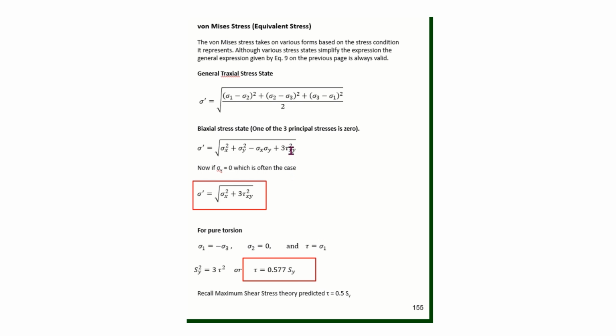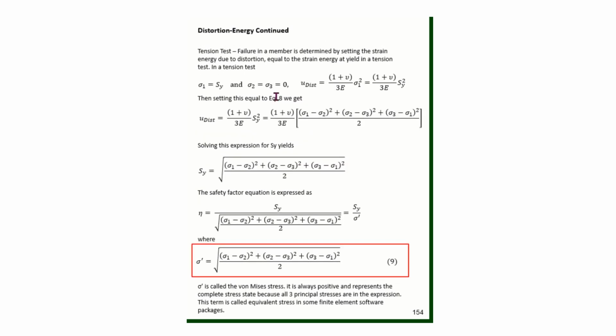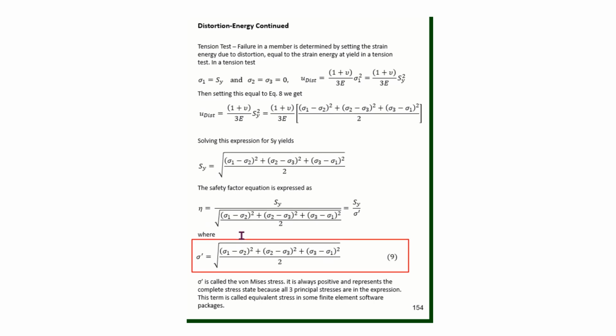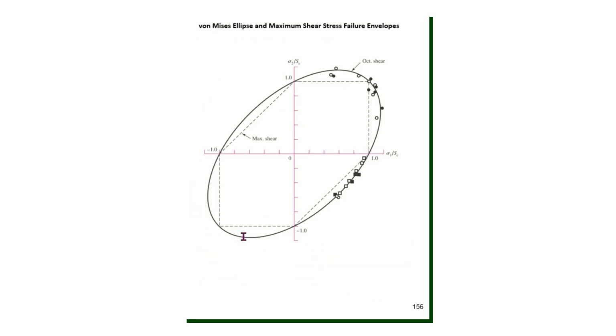So plotting this expression for our safety factor equation as given here, letting our safety factor equal 1 and plotting that expression, we get what we call the von Mises ellipse. We get this ellipse right here.